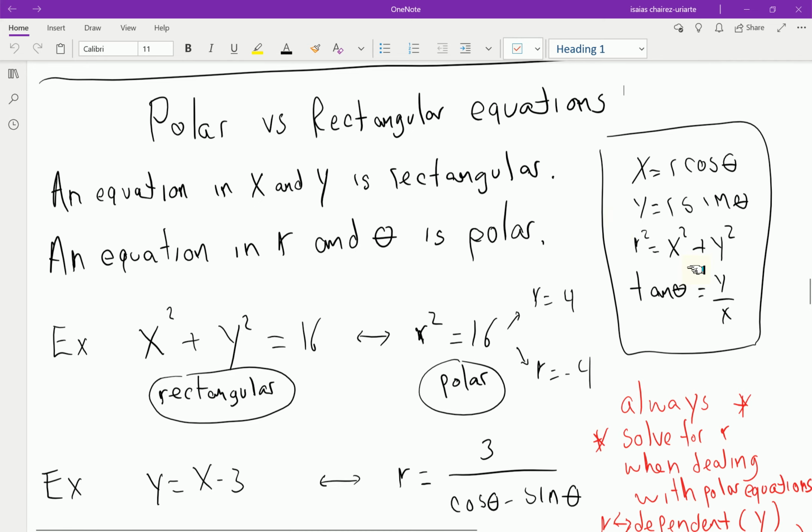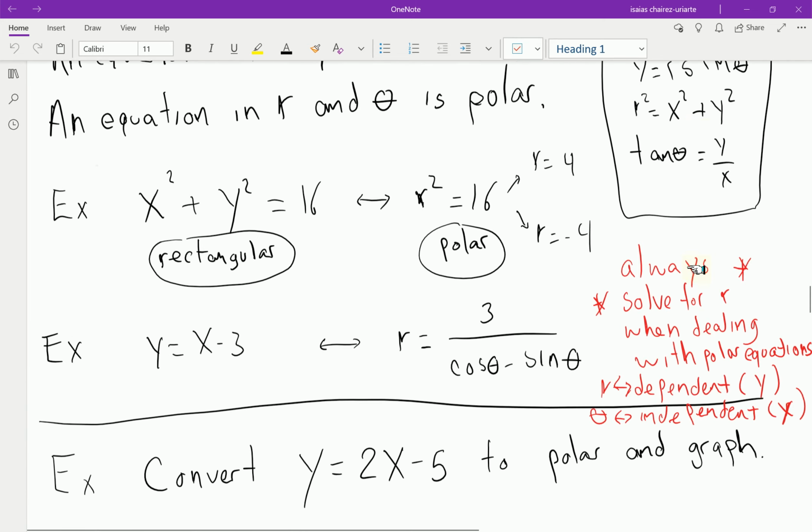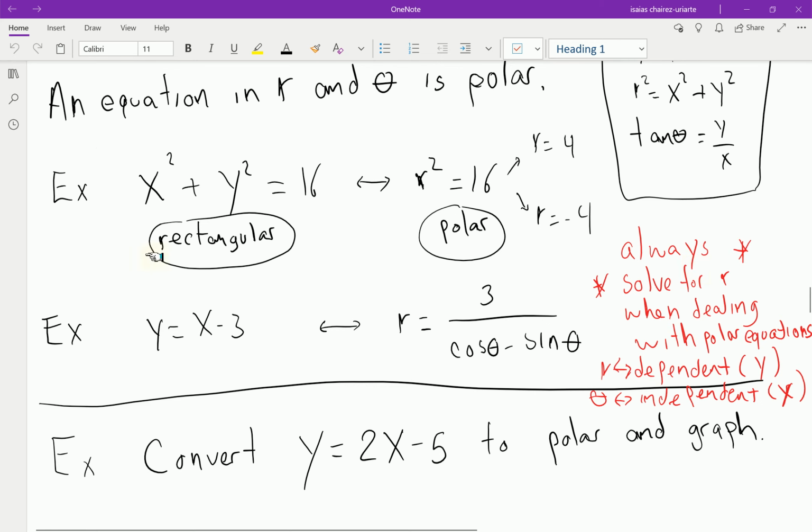Okay, so let's look at some examples of rectangular and polar equations. Here I have an equation that's rectangular, x squared plus y squared equals 16. The graph represents a circle centered at the origin with radius 4. Now, it's not a difficult task to change this rectangular equation to polar form.